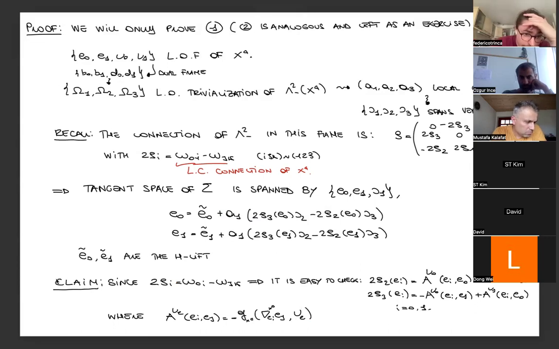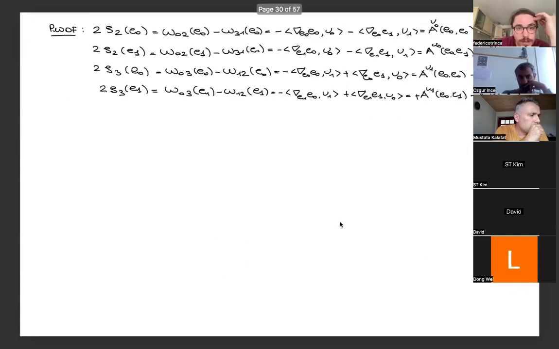Now, by the formula here for rho I, what you can check is that these rho 3 of E0 are actually terms involving the second fundamental form of your submanifold of X4. This is just a very easy proof. Just plug in E0 and see what it's telling you. This is just a consequence of Cartan's formalism.